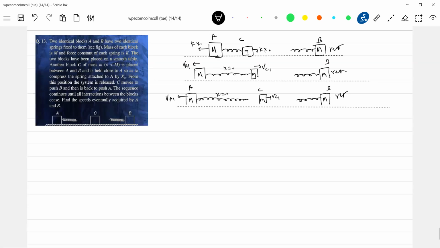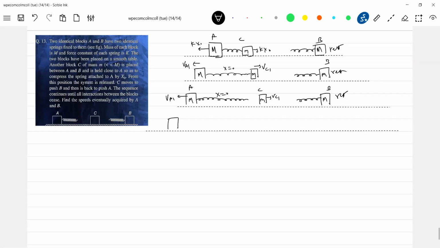A will continuously try to move. The moment it goes, the block C will go and strike the spring. The spring will get compressed. Due to compression, spring force will act on this towards left and on the other towards right, and both will have maximum compression. Let's analyze what all can happen so that we can conclude here.